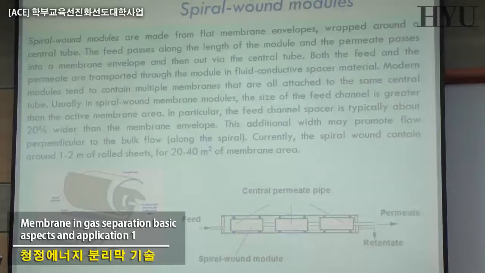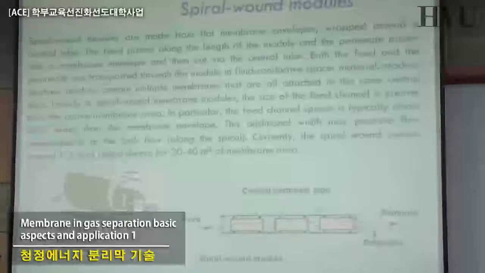And if you multiply this by hundreds, as is normal in plants today, that will be a lot of membrane area. The current spiral wound modules normally contain 1-2 meters and up to 40 meters of membrane area in a single module.